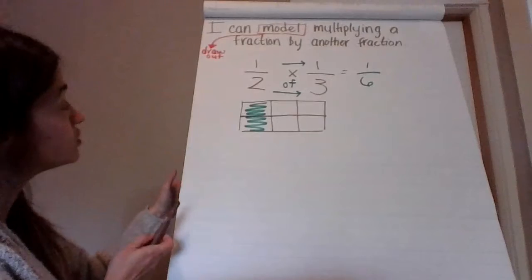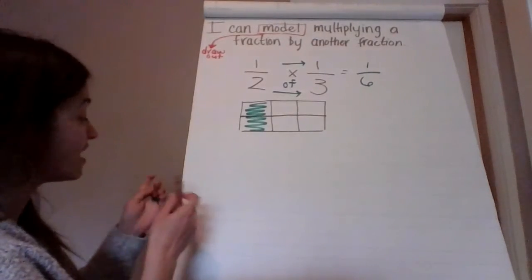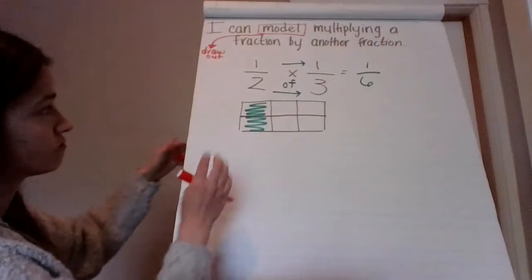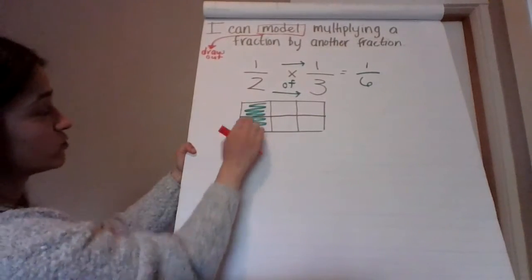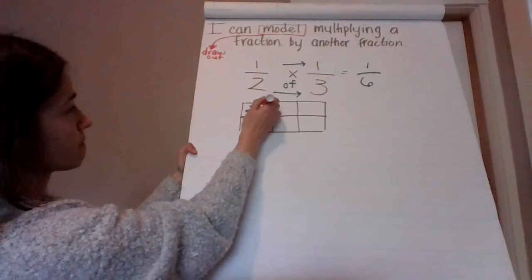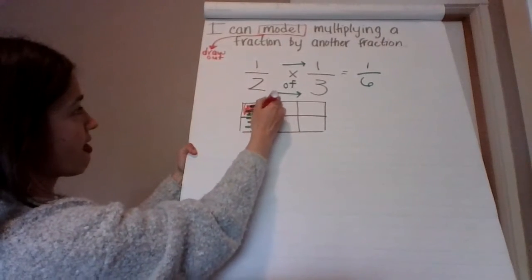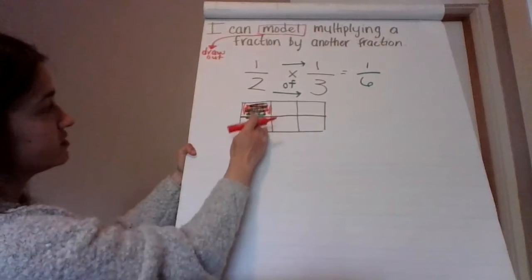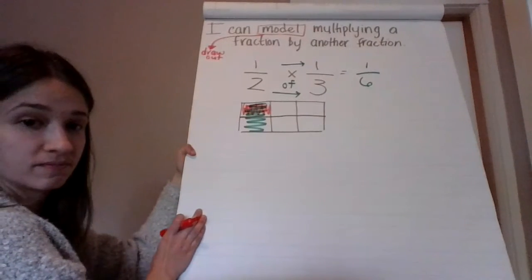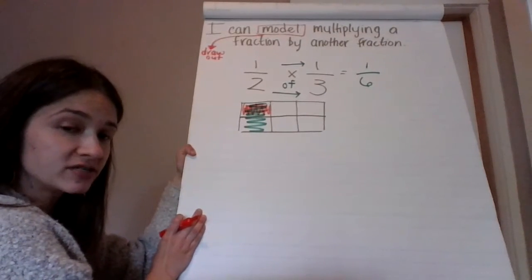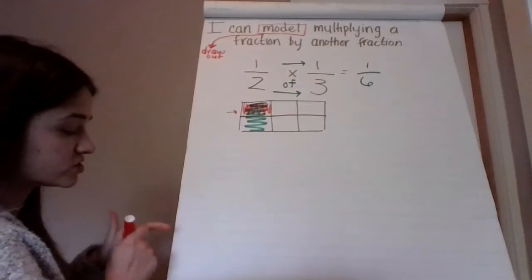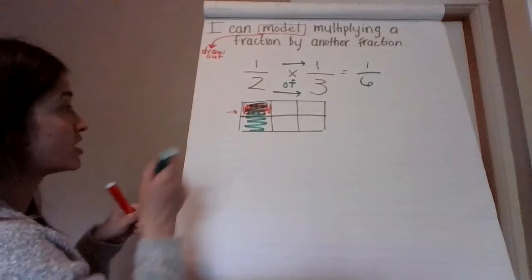If I'm looking for 1/2 of 1/3, I'm only looking for 1/2 of the 1/3. I would just color in one of the halves. So fifth graders, as you can see, only one of the squares is colored in with both colors.